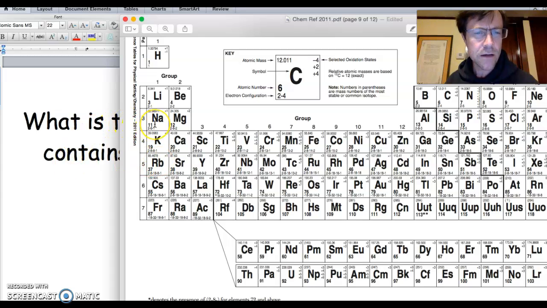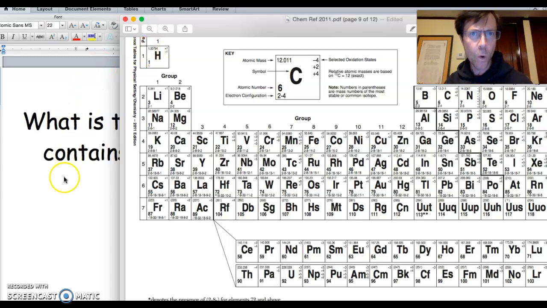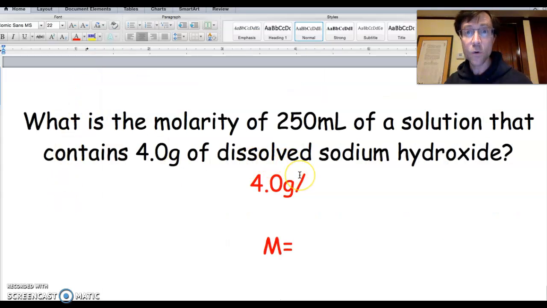Sodium is right here, about 23. Hydroxide is an oxygen, 16, and then a hydrogen, so it's going to be just about 40 grams. 40 grams per mole to be exact. So it'll be 4 divided by 40.